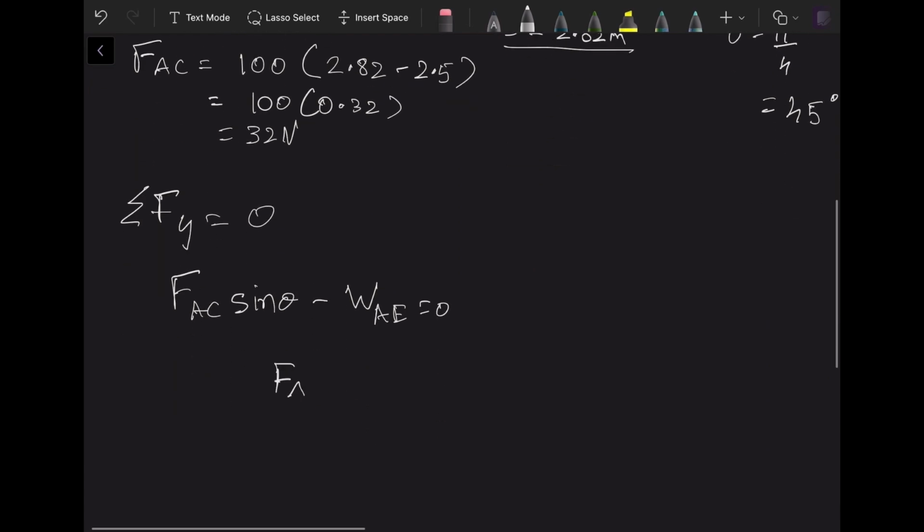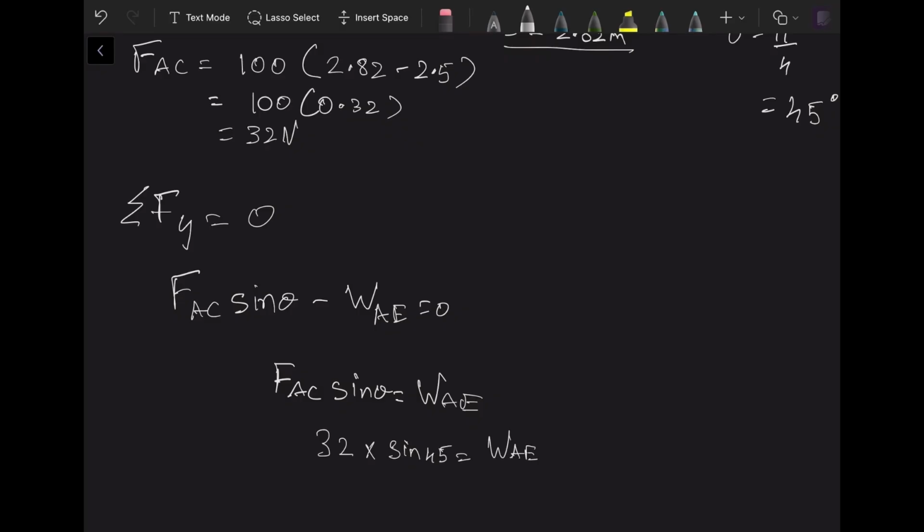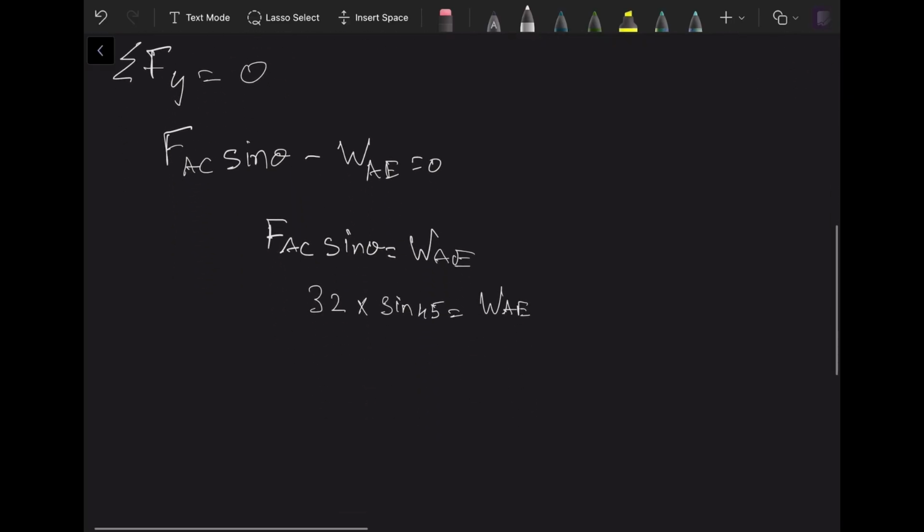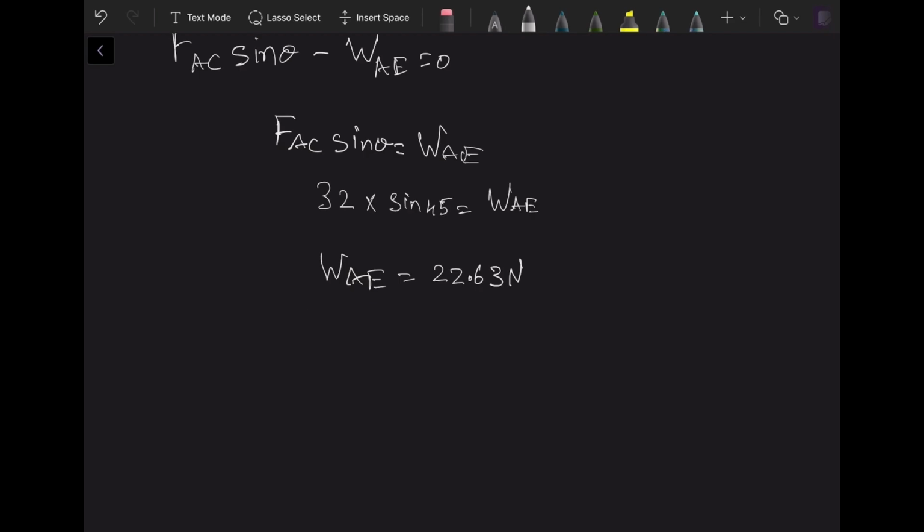So FAC sine theta equals WAE. What's FAC? It's 32 Newton. 32 Newton into sine 45 is equal to WAE. Using my calculator, it's 32 into 1 by root 2, so WAE equals 22.63 newtons.